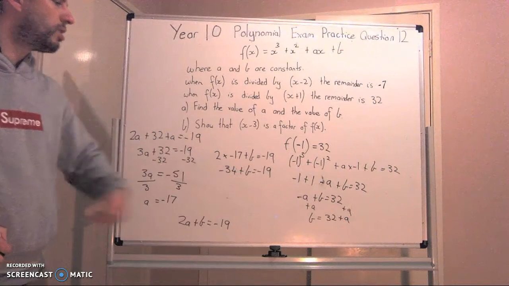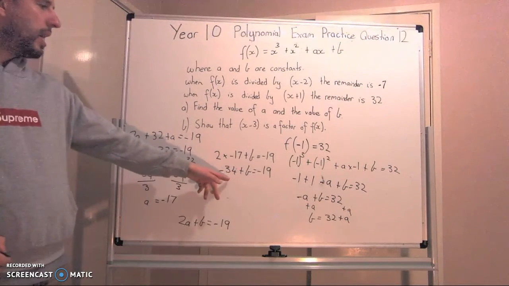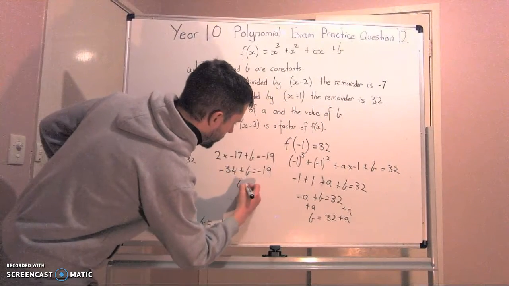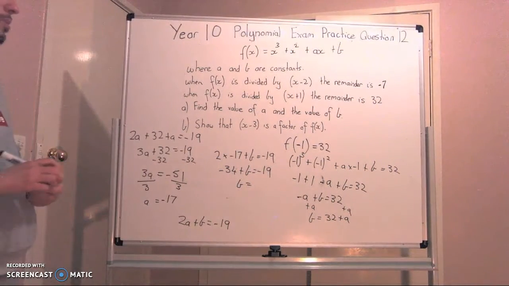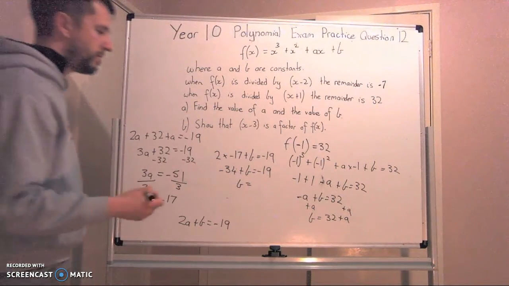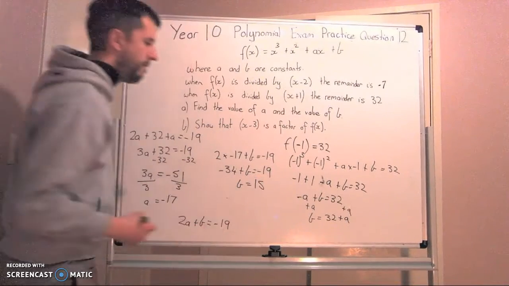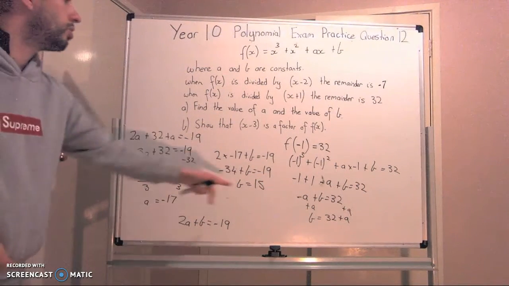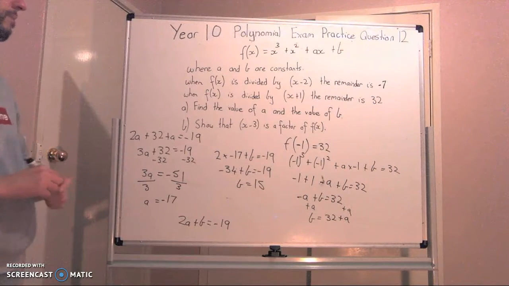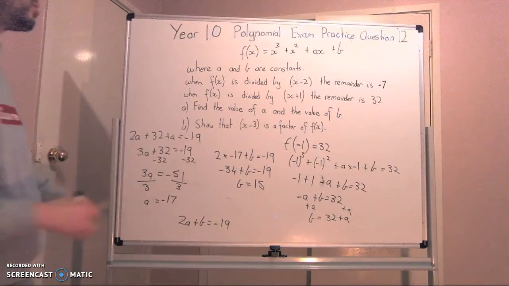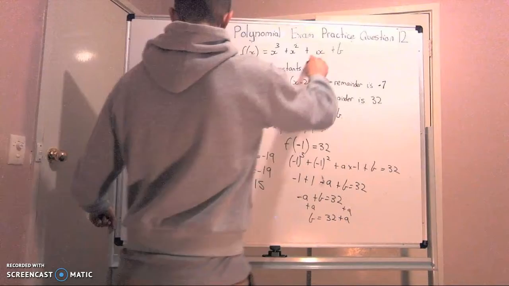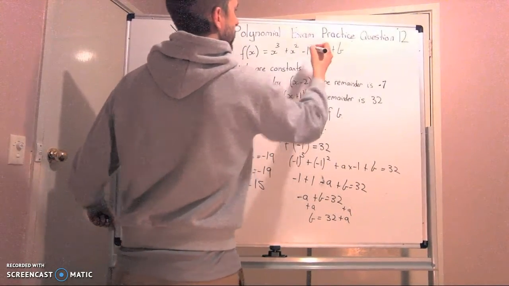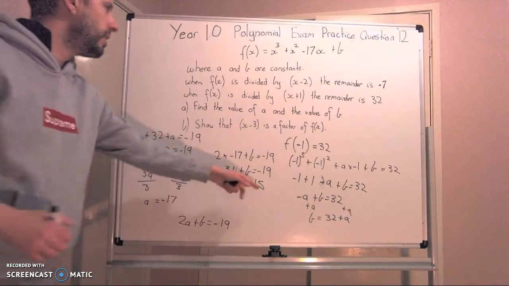So what do I need to add to get it to be negative 19? Well, that really just shows me, I look at the difference between 34 and 19, which is 15. So b must be 15, positive 15. So I've got my two values now. So that just means I'm able to rewrite this, and I'll take away the a. A is negative 17. B is 15.